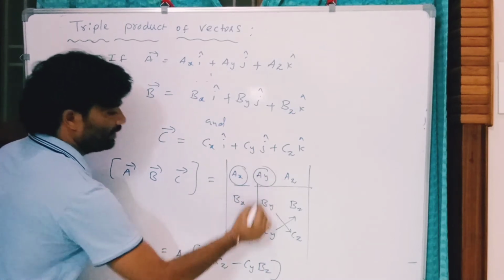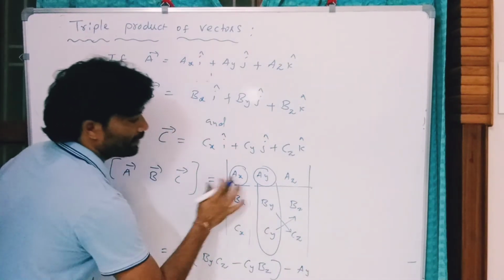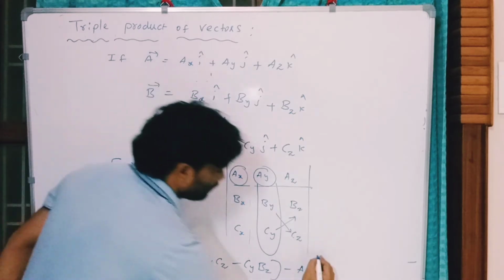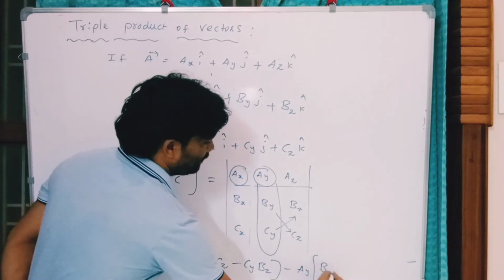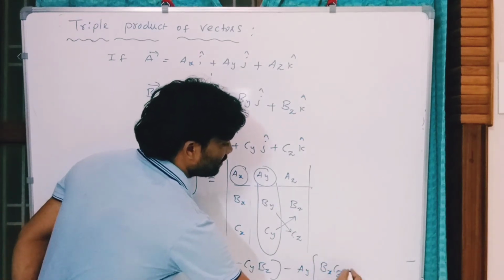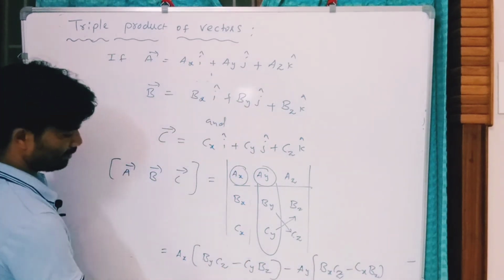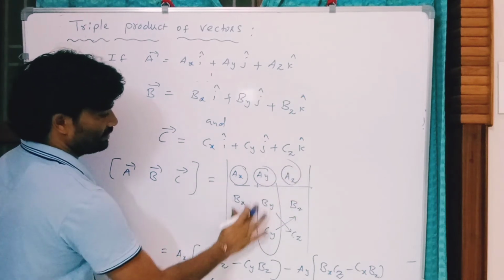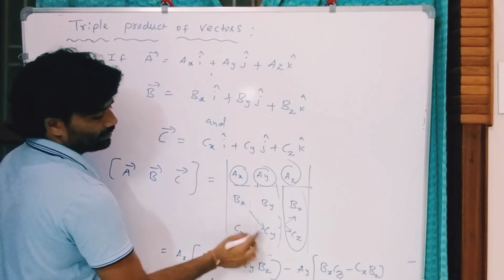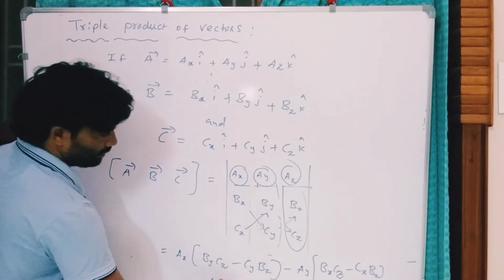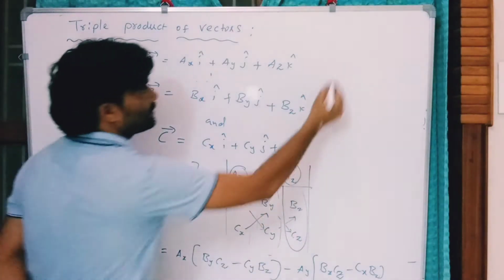Next take this AY term. When you take AY, leave this column. So take minus AY, so the signs are plus, minus, plus. For AY again do AD minus BC: BX CZ minus CX BZ. Next is the AZ term. For AZ leave this column, this into this minus this into this.